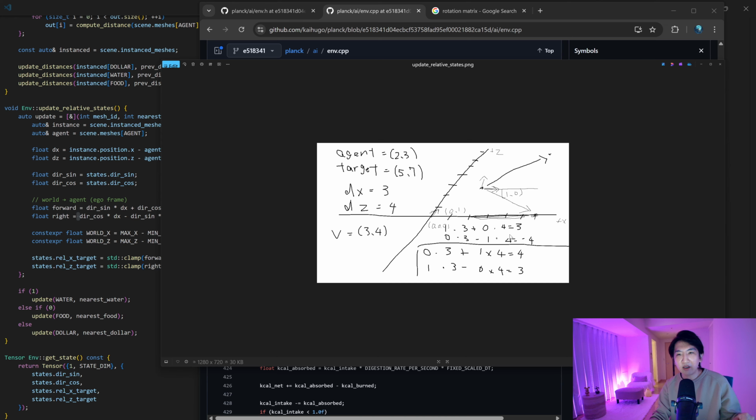So if I just feed my AI the values for relative distances in the agent coordinate system consistently, it would be easier for the AI to learn, because again, they are values relative to the AI. And that's just what I did.